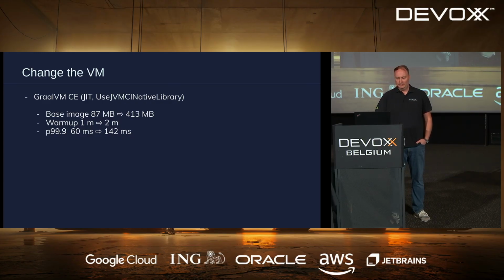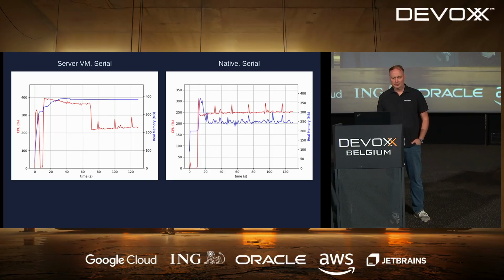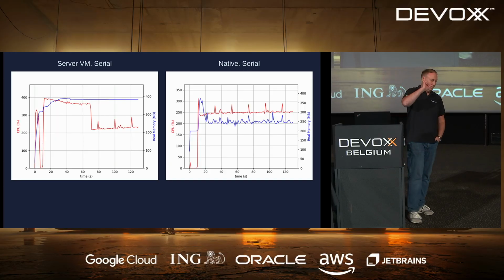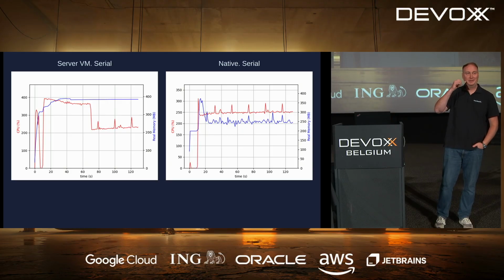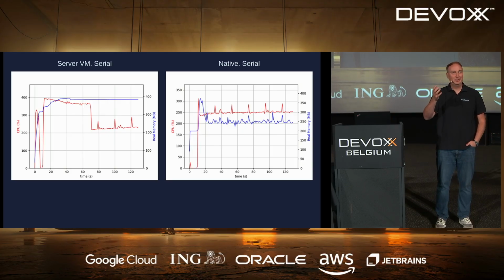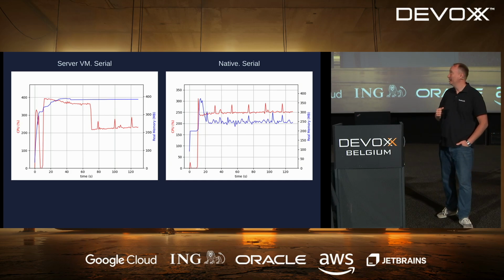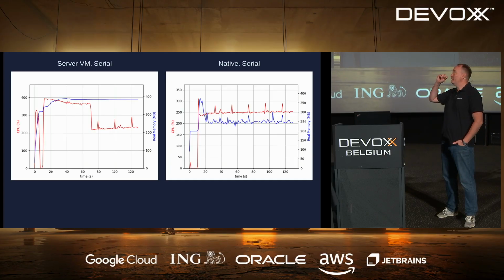So what else can we do? Finally, instead of using Graal as a JIT, we can use it to produce the code ahead of time and use that compiled machine code and skip that startup phase and the majority of the warm-up phase entirely.